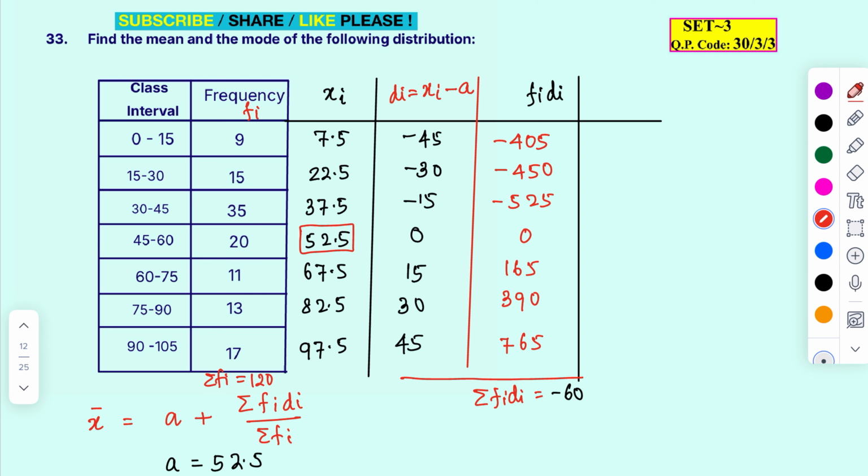Now you will get x bar, that is the mean. Mean is equal to the assumed mean and the mean deviation. Di is the deviation, and d bar is the mean deviation, so mean is A plus d bar, where d bar is equal to sum of Fi di divided by sum of Fi.